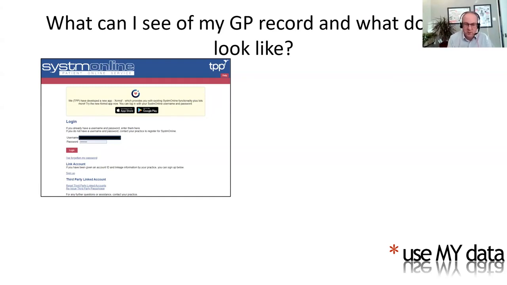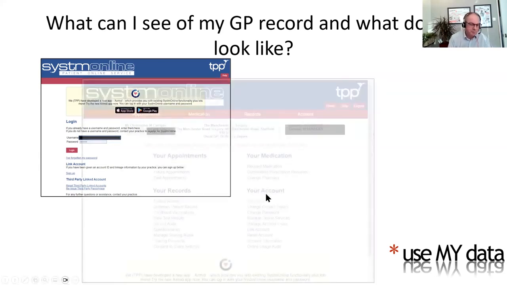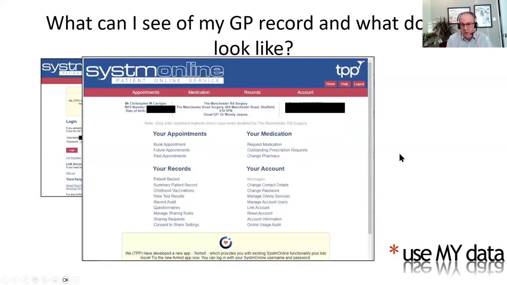But once they've done it once, I can log in. It's a typical username and password. And when you do log in, you can see a whole bunch of stuff about you. I blanked out some of my personal details, such as NHS number, for instance, and other bits. But you can see what's on there. You've got information about your appointments, past and future, medications, your overall record, vaccination information, and other things as well.